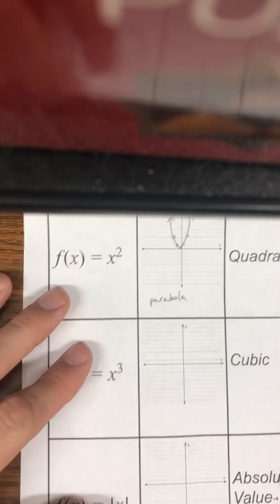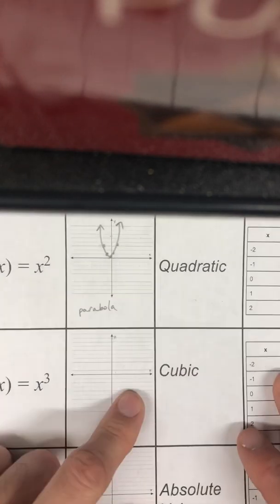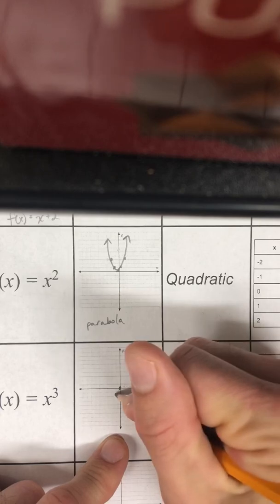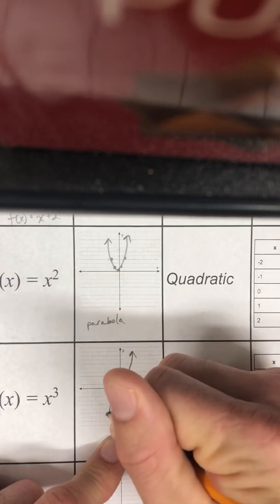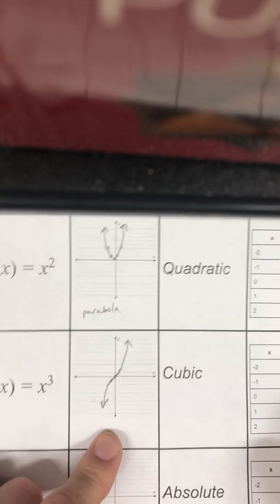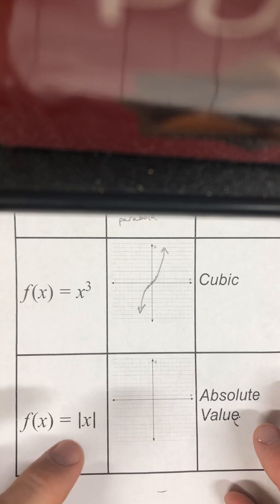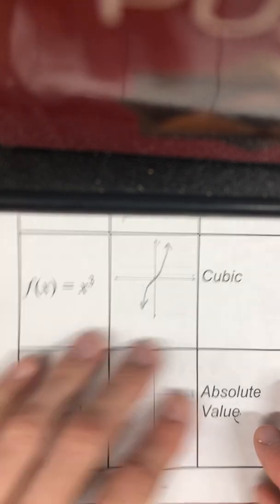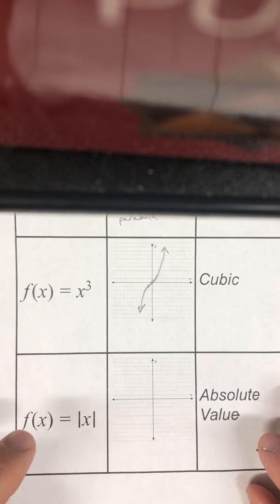They're a little different. All right, so this is now x to the third. So x squared, x to the third is a cubic. This one looks like this, where it kind of goes through the middle and it kind of squiggles. Okay, and then this is the absolute value of x. This absolute value function, if you think about it, no matter what you put in for x, you have to get a positive.